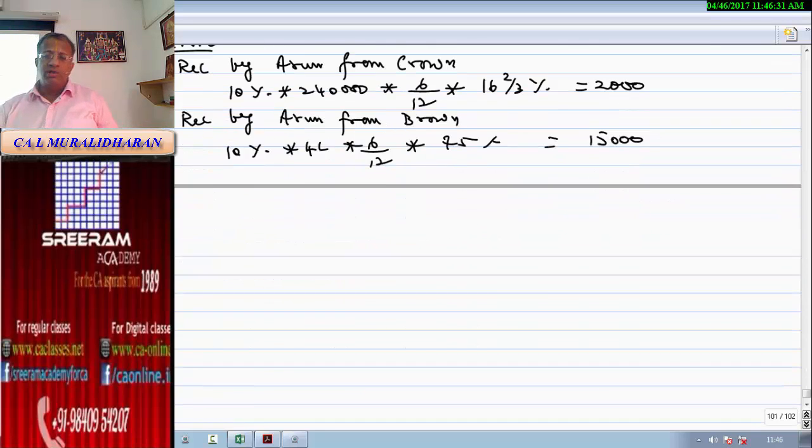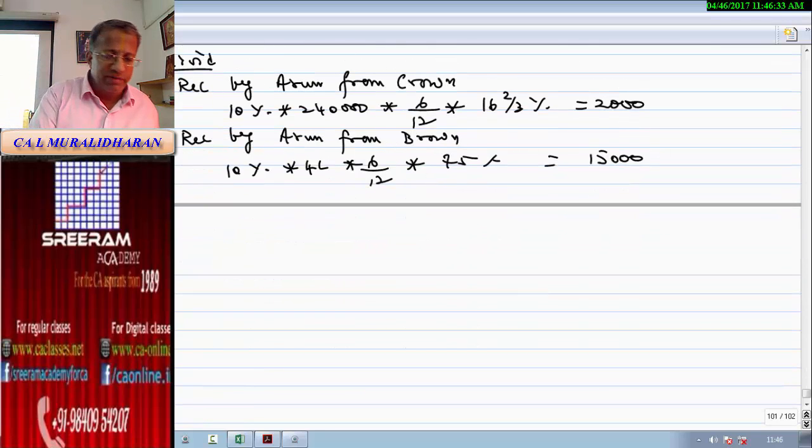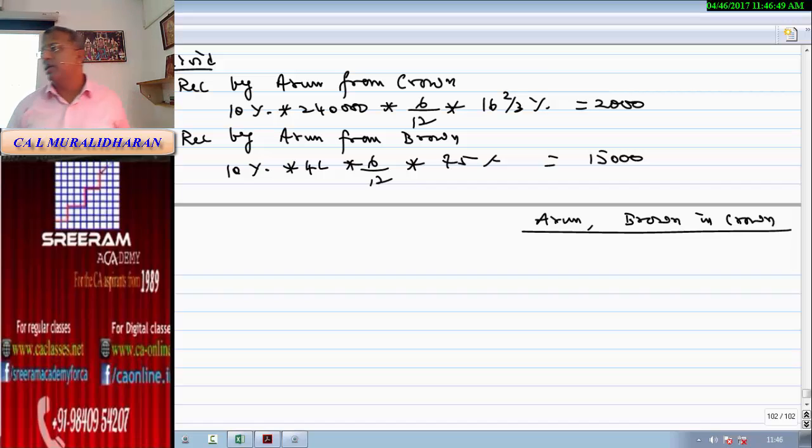Now we will launch our template, which we call the chart. It is Brown in Arun, Brown in Crown, because parent as well as subsidiary are there in the sub-subsidiary. We are following the direct method.